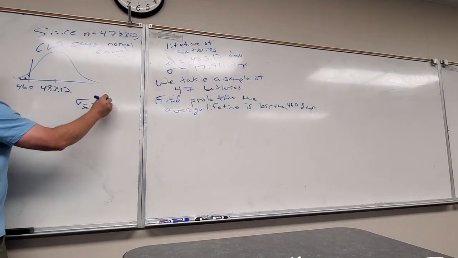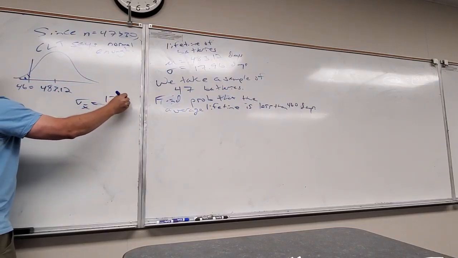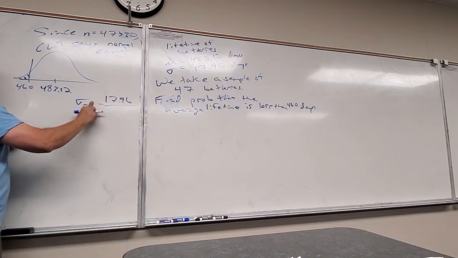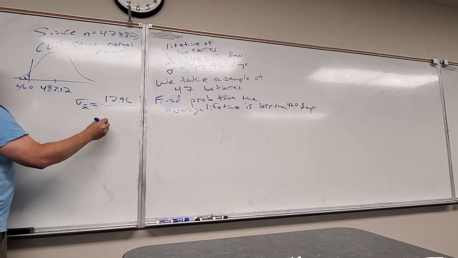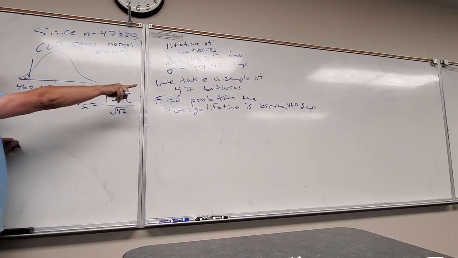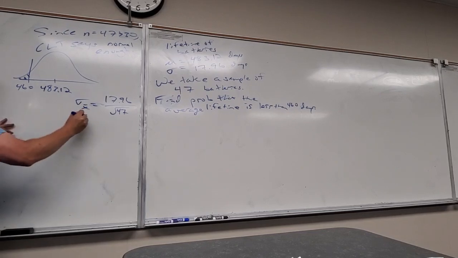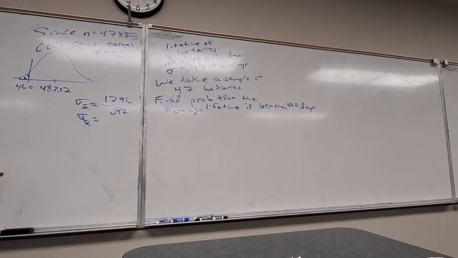So it was 17.96. What does it become now? Square root of 47. Oh, 47. Careful. It's always divided by the square root of n, the sample size.